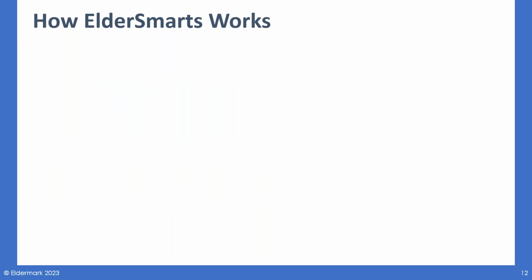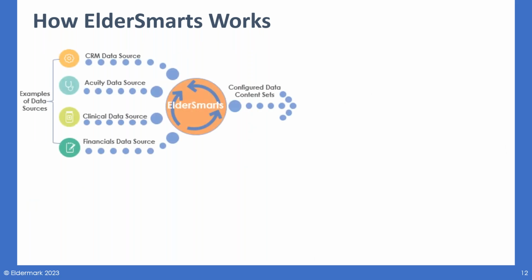So how does ElderSmarts work? Well, when you see Dustin's designs, you'll get an idea, but basically what we're doing here is we're looking at different data sources, whatever those might be, and it would be based on what the customer wants to measure or monitor the performance of something.